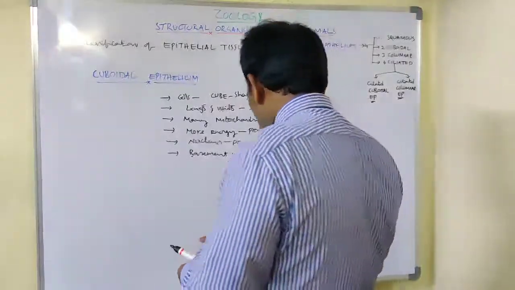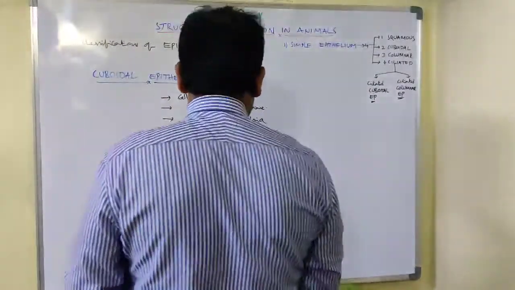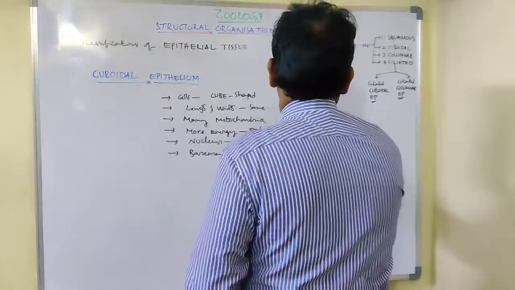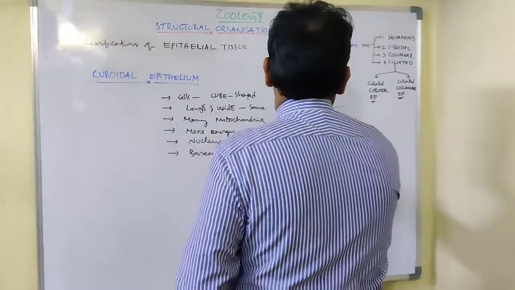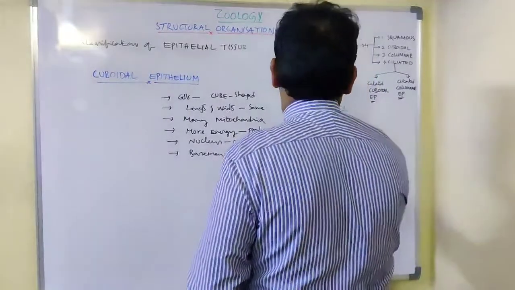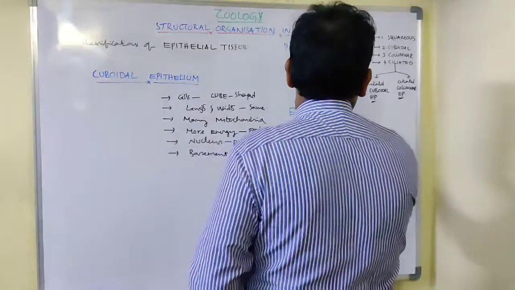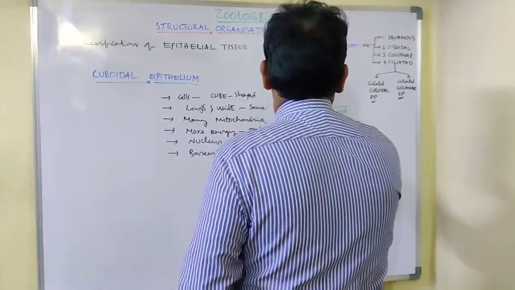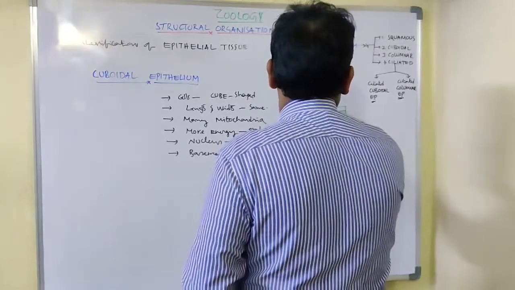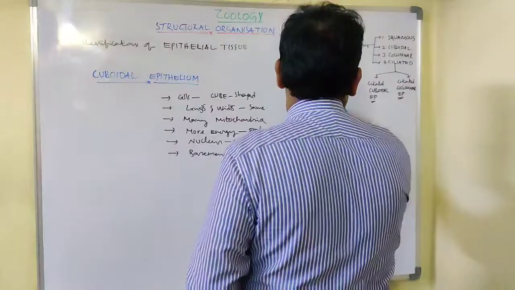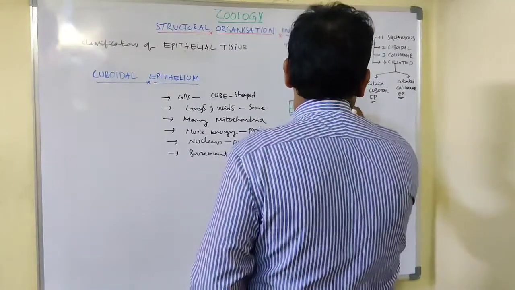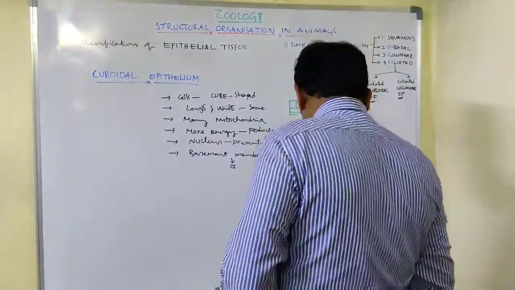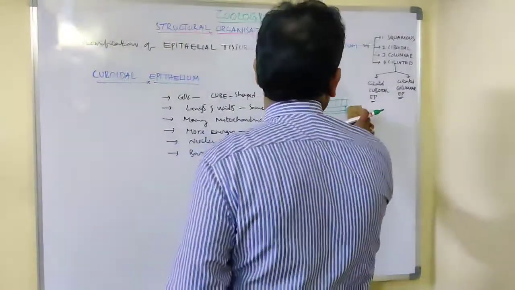If you see this diagrammatic representation, this is a tissue. This is the basement layer, and here the cells are cube-like in shape. Height and width are the same, same height and same length.